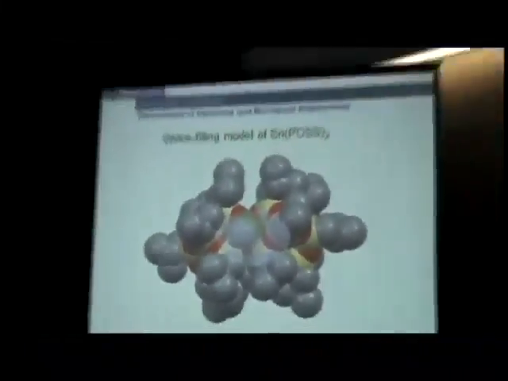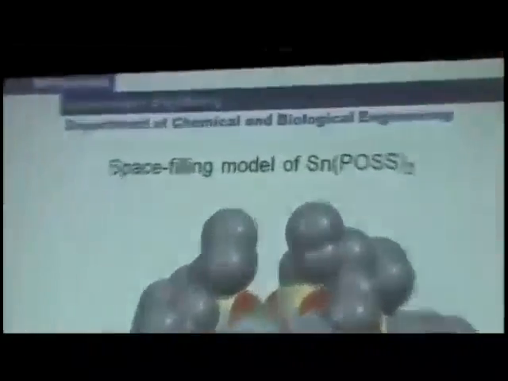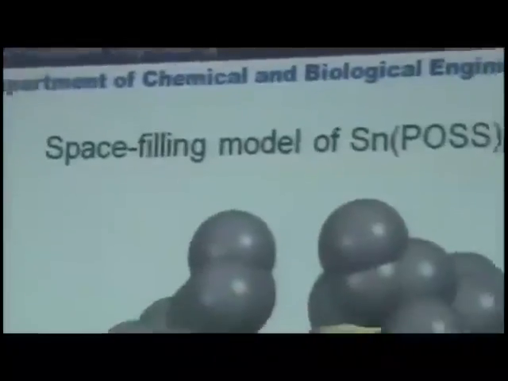The green thing is the tin, and there is a space. This space that's available is big enough for glucose to go in and to react. So we think this would be a catalyst.